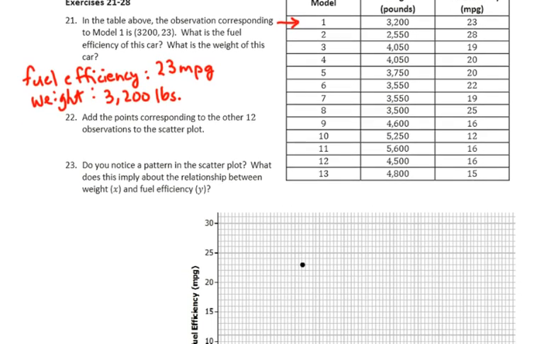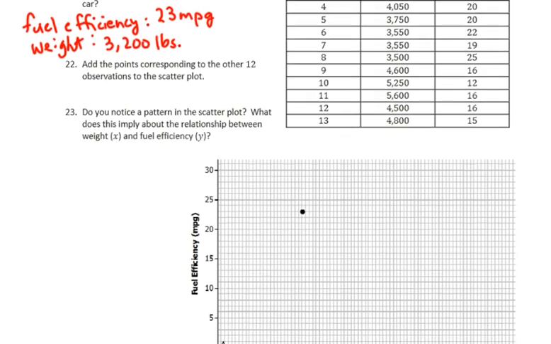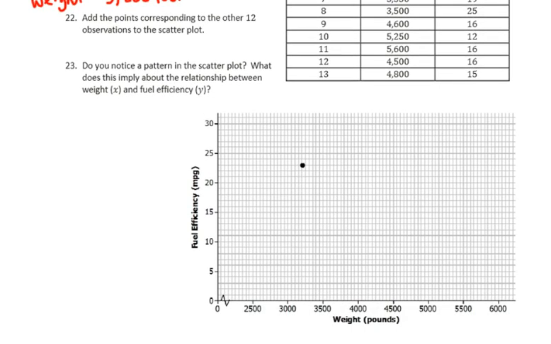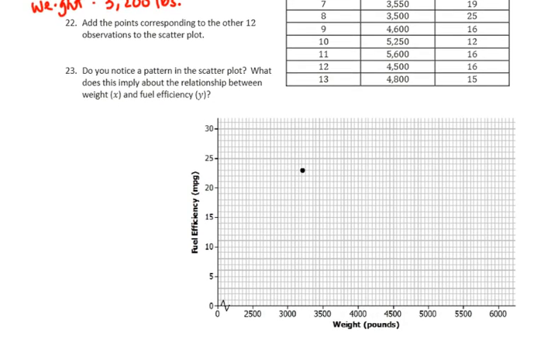So what I'm going to do is go down here. This is kind of hard to read because it's pretty tight in the coordinate plane. We'll do the best we can though. And all you do is put dots where they fall. So number 1 is done for us, 3,200 and 23. The second one is 2550 and 28.